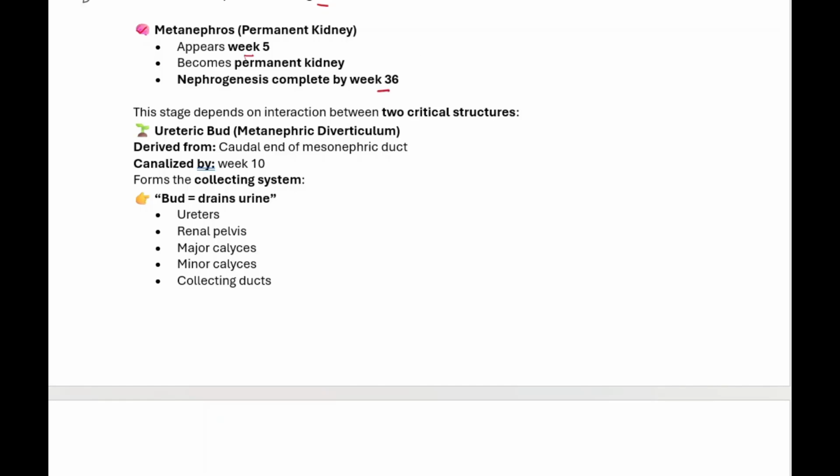When we look at our permanent kidney, this depends on the interaction between two main structures, and they are the ones that are going to become the permanent urinary system. So what are these two structures?